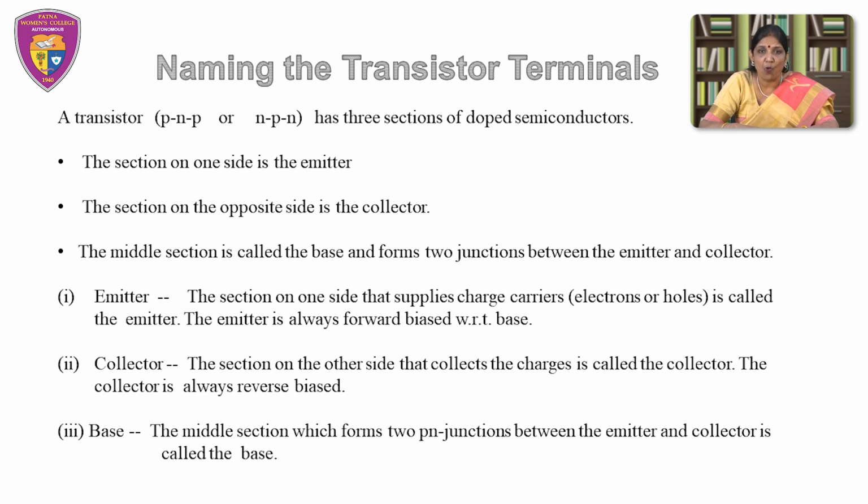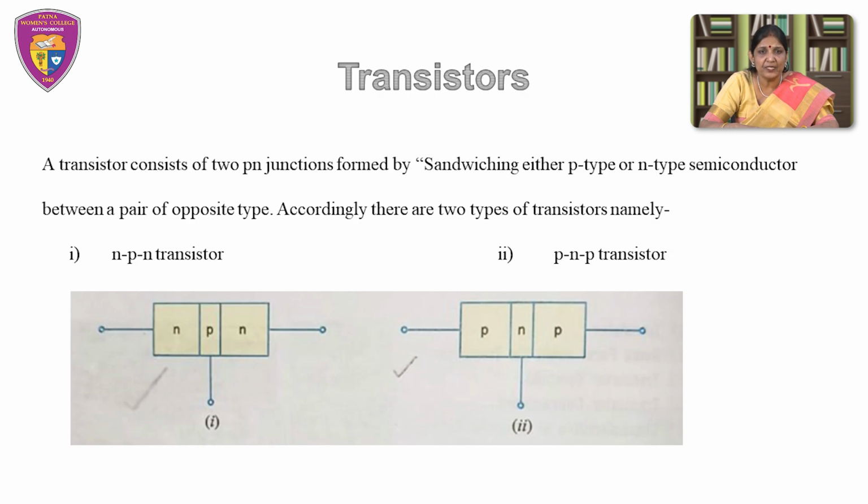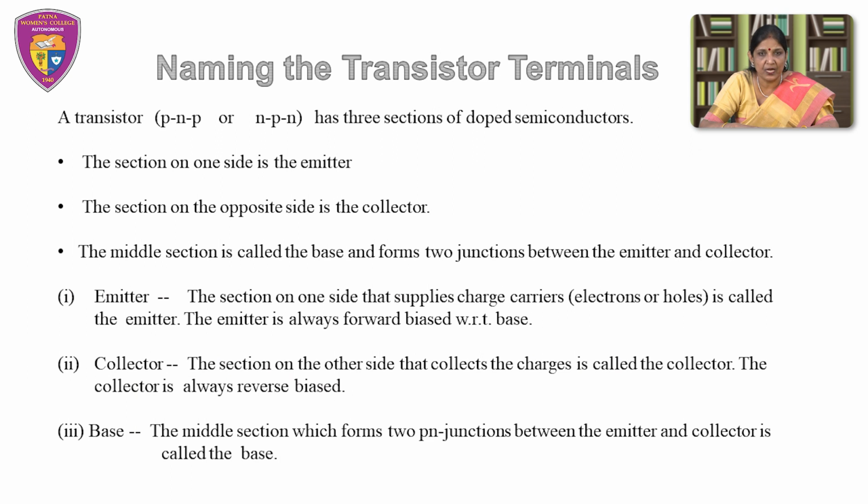The emitter is always forward biased with respect to base so that it can supply a large number of majority carriers. In the figure, the emitter P-type of PNP transistor is forward biased and supplies hole charges to its junction with the base. Similarly, the emitter N-type of NPN transistor is forward biased and supplies free electrons to its junction with the base.